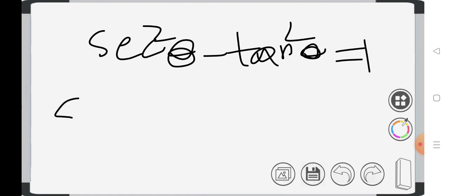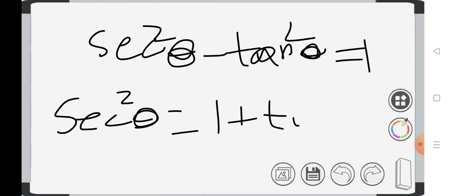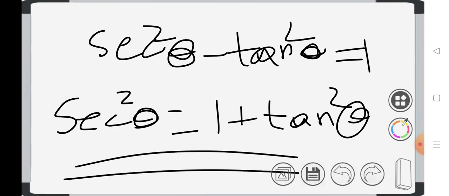So according to that, secant square theta is equal to 1 plus tan square theta. So remember this one. In case you don't know, I am saying this one.